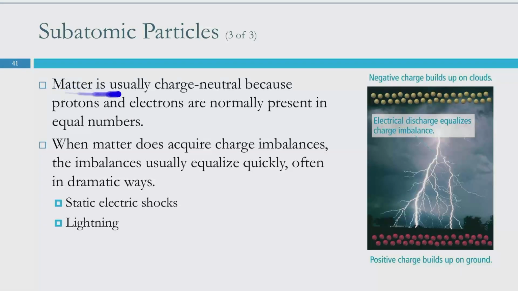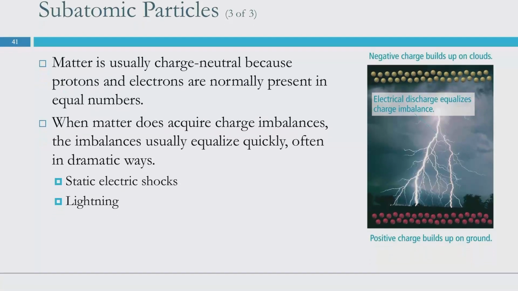Matter, things that have mass and occupy space, like tables, chairs, people, are normally charge neutral. They're not positively charged, they're not negatively charged, because our protons and our electrons are present in equal numbers in any of our atoms on the periodic table, normally.